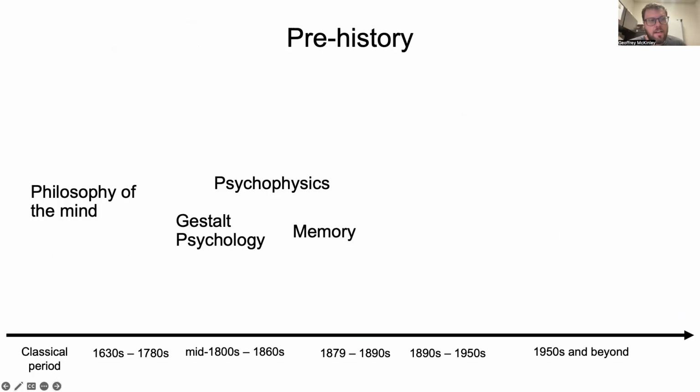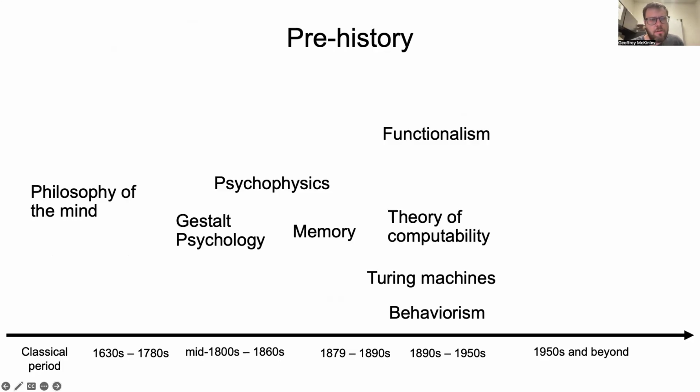Then from the mid 1800s to the 1860s, we have Gestalt psychology and psychophysics in Europe, and some memory researchers in the UK and Germany. Then in the late 1800s comes functionalism and behaviorism. I would say this period is mainly dominated by behaviorism.